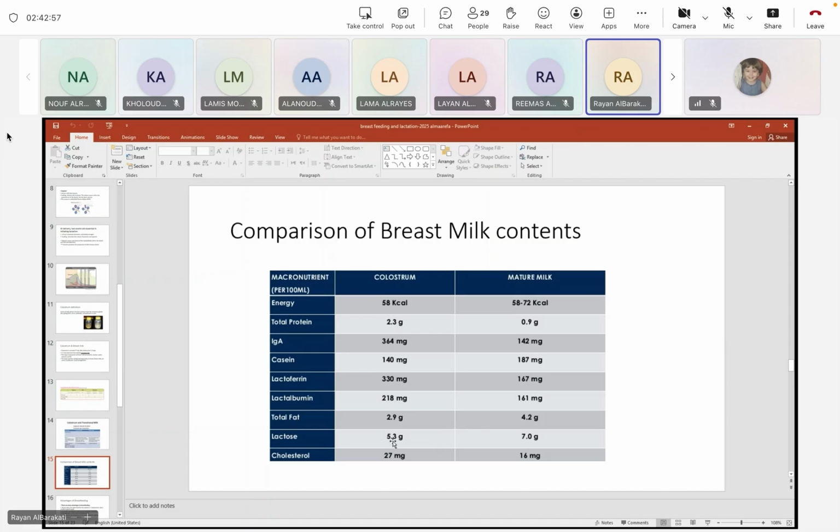Lactose is less in the colostrum and more in the mature milk. Cholesterol is higher in the colostrum and less in the mature milk. So only the fat is higher in the mature milk, while the protein and the cholesterol are higher in the colostrum.